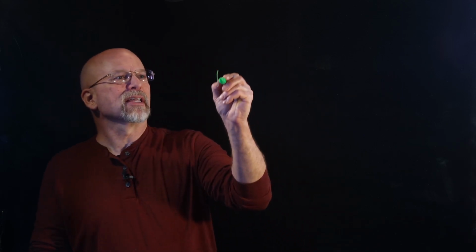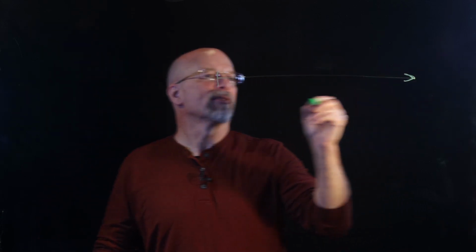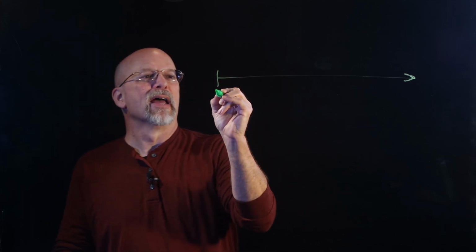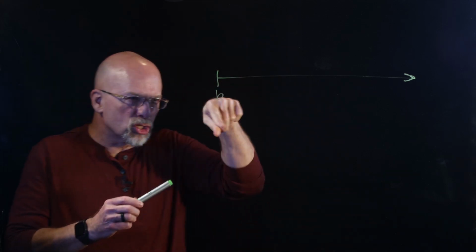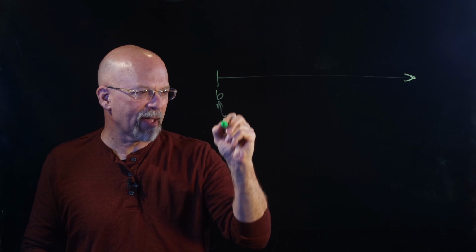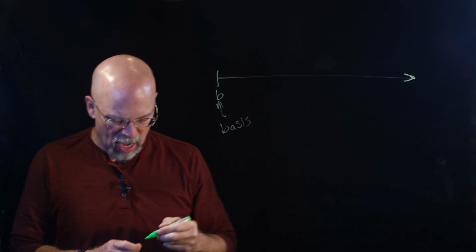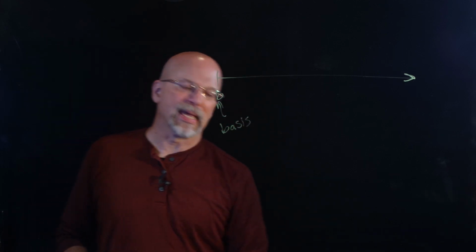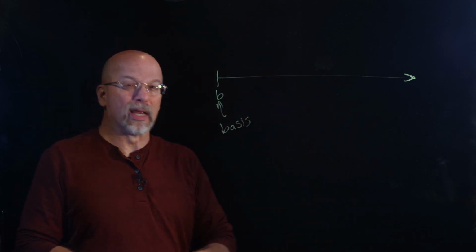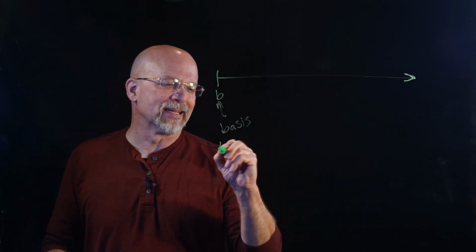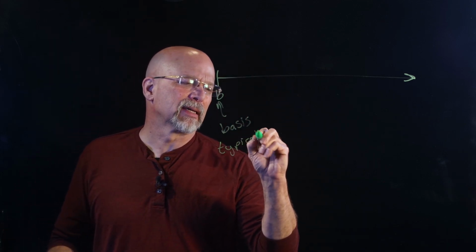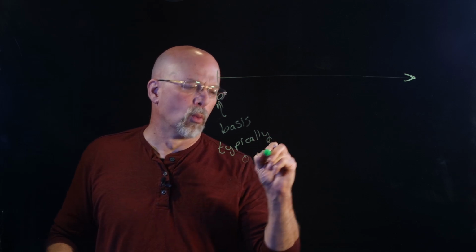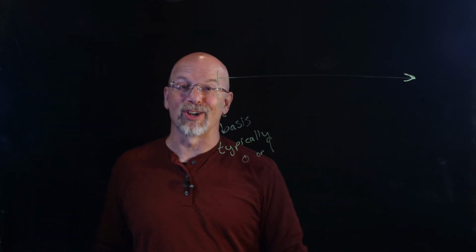So let's look at this as some sort of a number line. At this base, at this starting point, we have this thing called a basis, which I'm going to represent with B. It's typically 0 or 1, you know? It's a good place to start counting from.